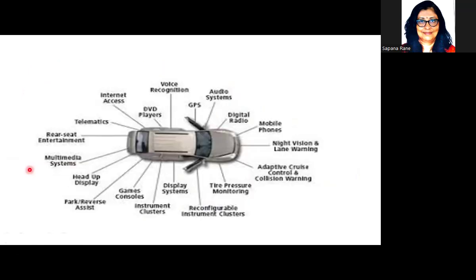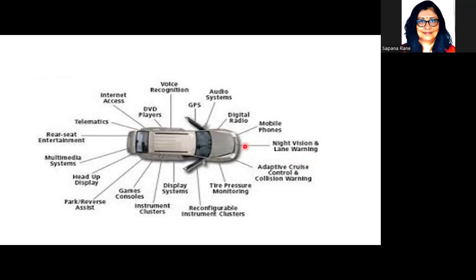Now, if we take one application, the car, you can observe a number of things. There are a number of places where embedded systems are installed for different purposes. Here you can observe in the car we have night vision and lane warning.